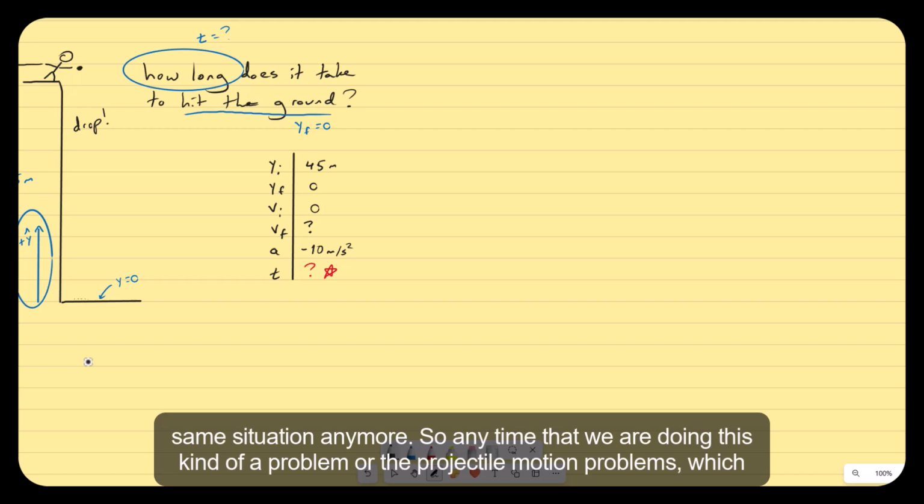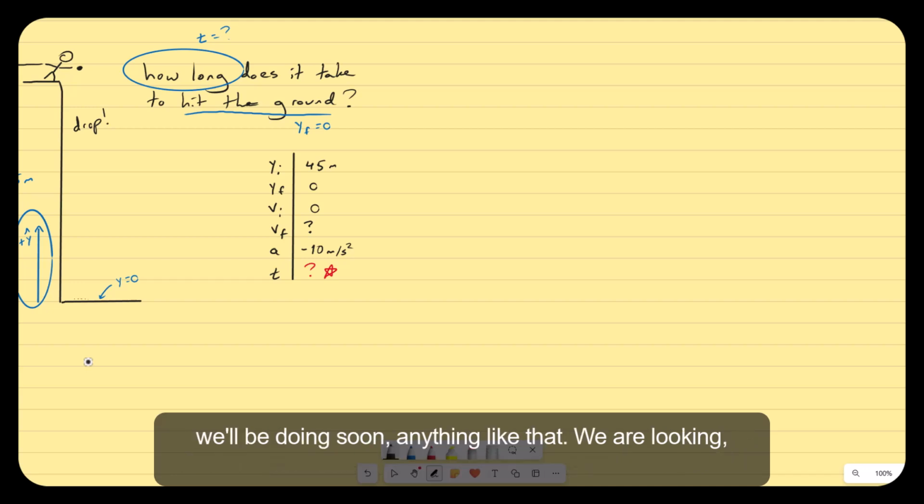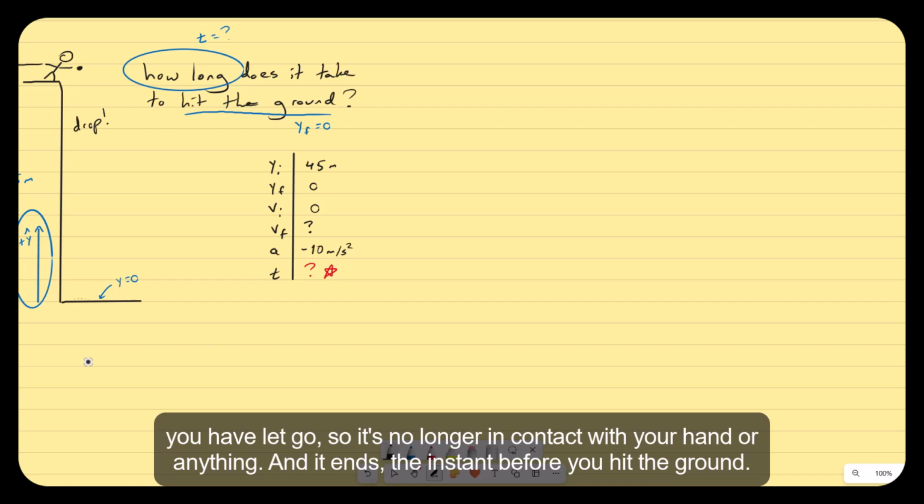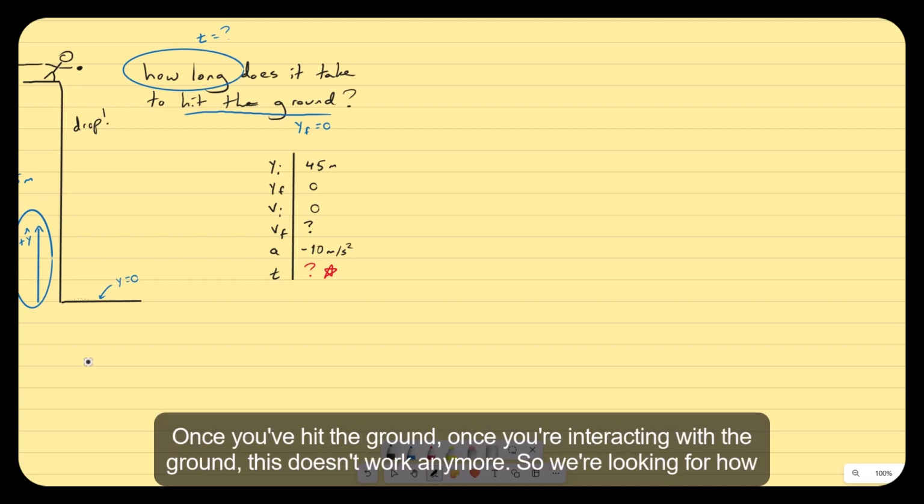So anytime that we are doing this kind of a problem, or really projectile motion problems, which we'll be doing soon, the problem starts the instant after you have let go, so it's no longer in contact with your hand or anything, and it ends the instant before you hit the ground. Once you're interacting with the ground, this doesn't work anymore.